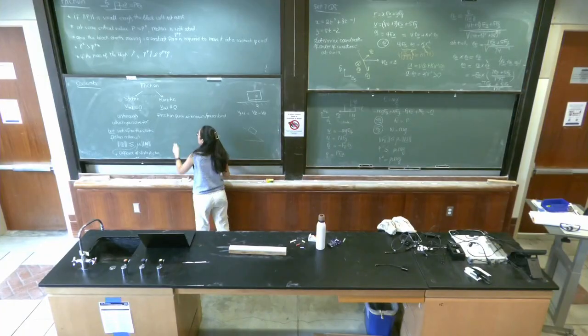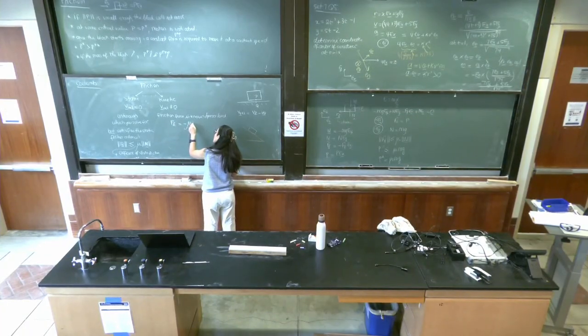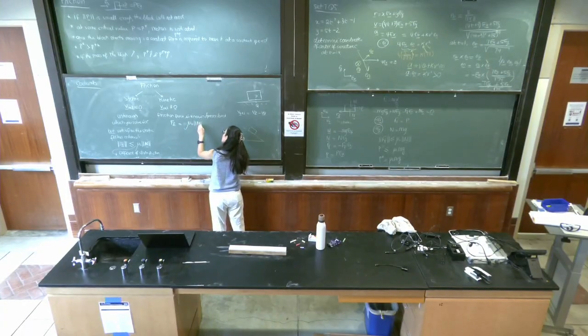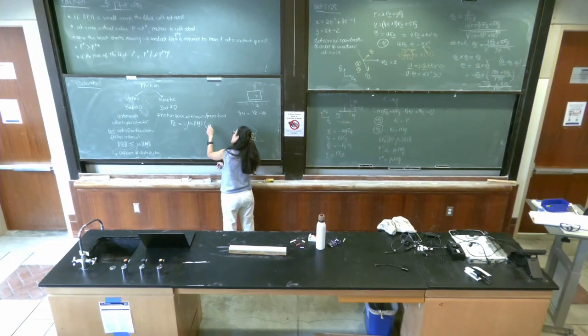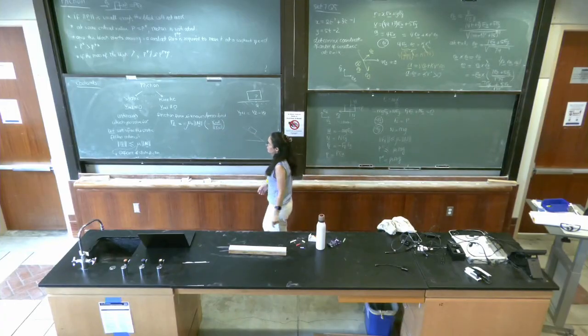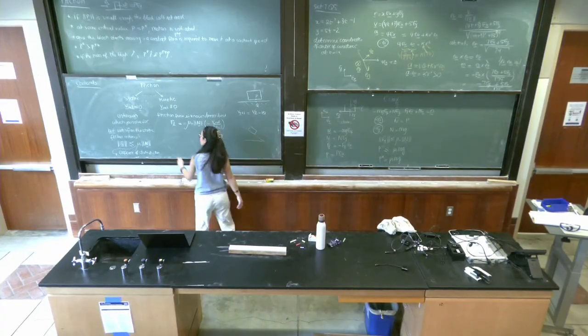It's equal to mu_k times the magnitude of the normal force, so it's proportional to the normal force. Direction minus v_rel over the magnitude of v_rel. And you solve for the motion.